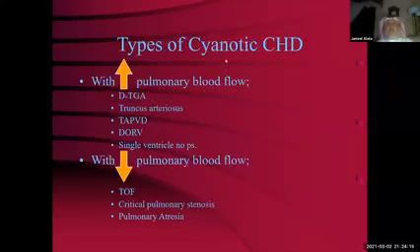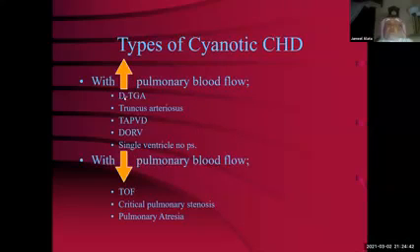Types of cyanotic congenital heart disease: there are so many ways of dividing congenital heart disease. One of the good ways to divide is by increased or decreased pulmonary blood flow.